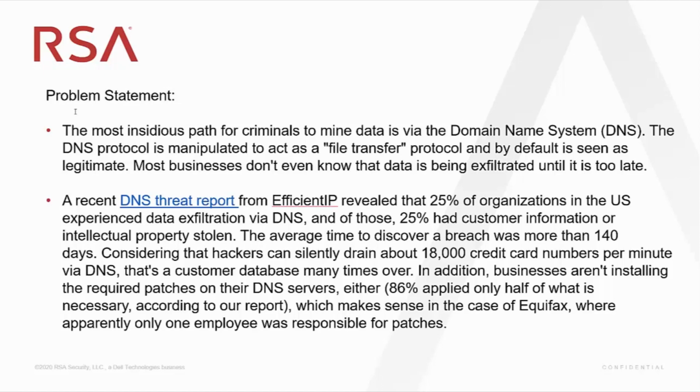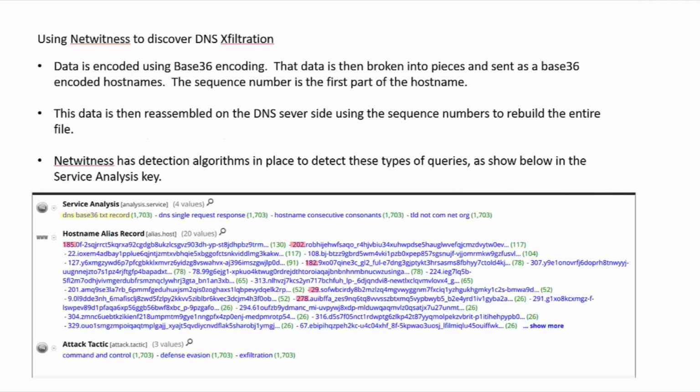So how is this data represented within NetWitness? If we take a look here at a sample screen, we can see that in this example, the data is encoded using base36 encoding method, which NetWitness will actually look for. If we take a look at the screenshot down below, we can see that each of these DNS queries start with a sequence number.